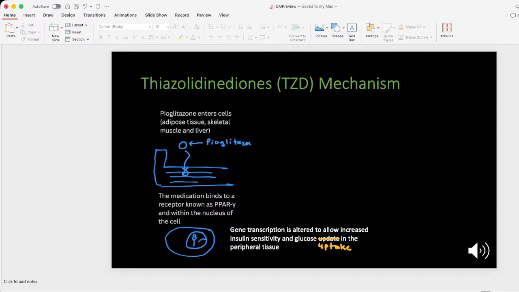So in this case, this is a PPAR gamma receptor that the pioglitazone binds. It's going to alter gene transcription. At least having an understanding of those basic lines of mechanism for this TZD will get you an answer correct on the test. You have to at least have the basic knowledge on this.